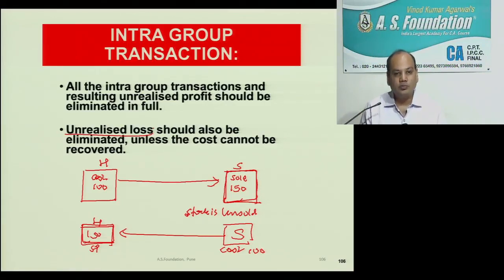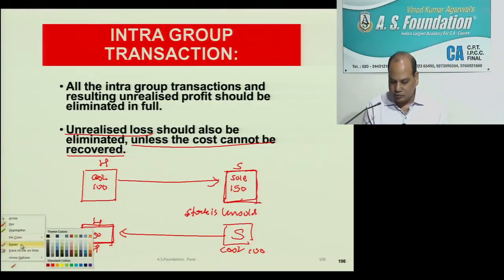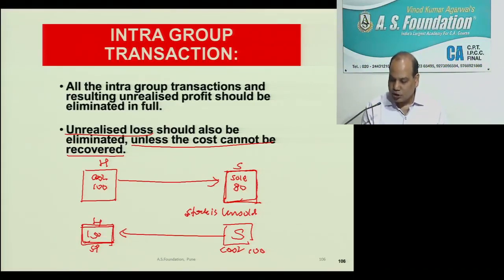However, in case of unrealized loss, concept of prudence will apply unless the cost cannot be recovered. Example of unrealized loss. I will change some numbers now. H Limited purchased goods for 100 rupees, sold it to subsidiary for 80 rupees.